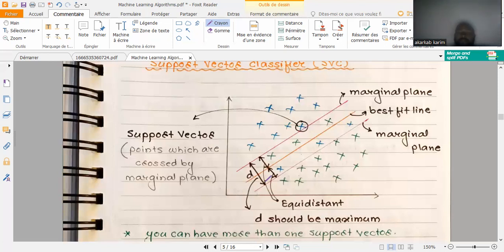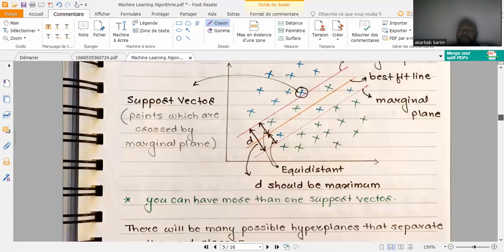But other times we have a distribution where we cannot apply this linear approach to separate it. We need something else to make that possible. The whole idea here is to maximize the distance between the two points.